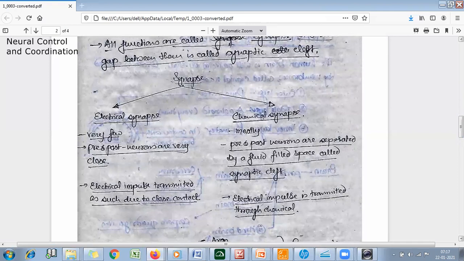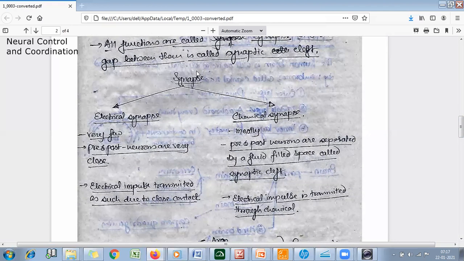So we can see here the categories of the synapse. There are two categories: electrical synapse and chemical synapse. The signal can be transferred in two ways: one is electrical, by the electrical synapse, and another by the chemical synapse.